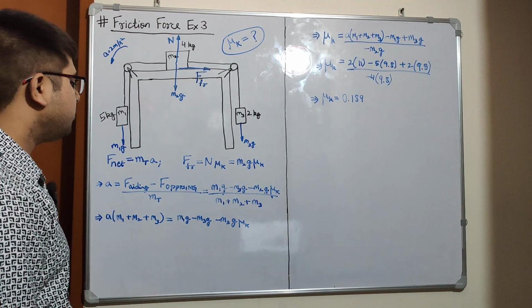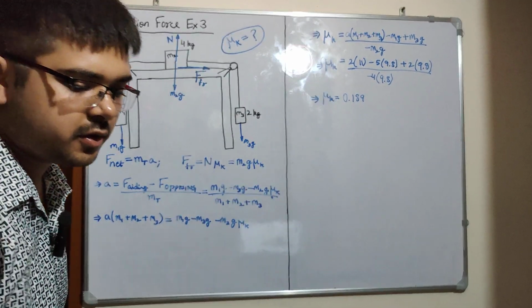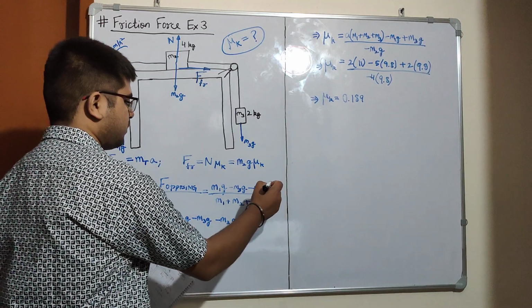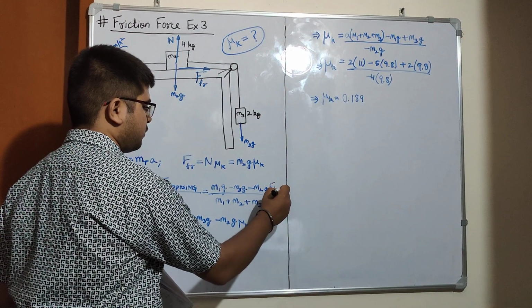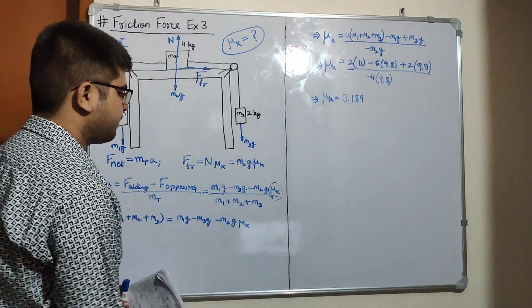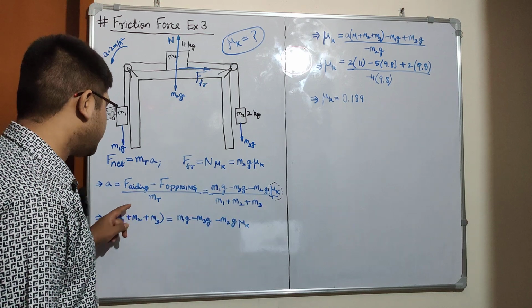Now we know all the values, just that we don't know μk. So we will isolate μk. So I have taken this m1, m2, m3 on one side.